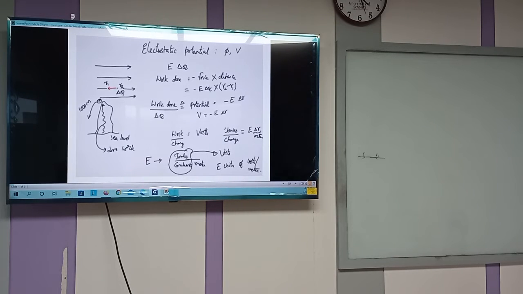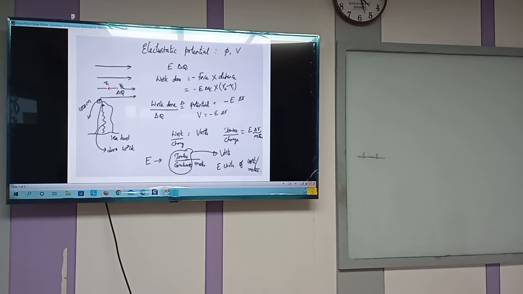So I am applying a force against the electric field, right? Against the force of the electric field. So I am moving in the negative direction to the left, so I have to expend some energy. I have to perform some work in order to move the point, right?